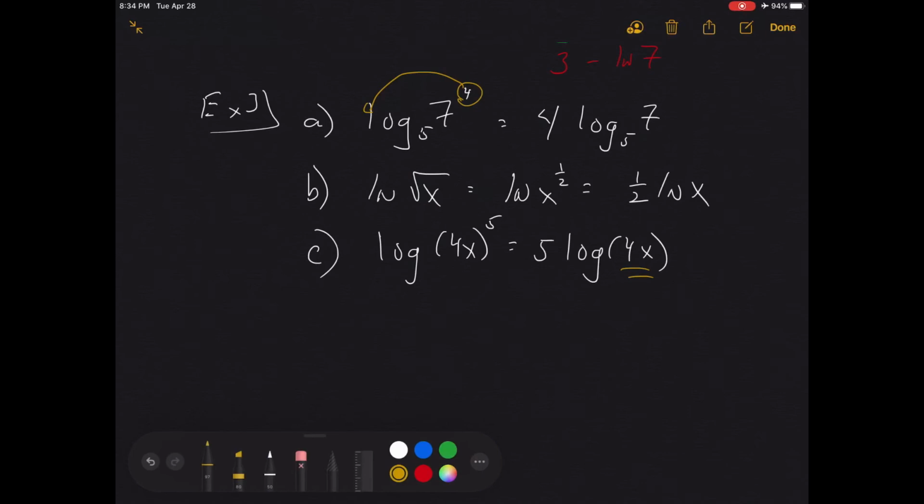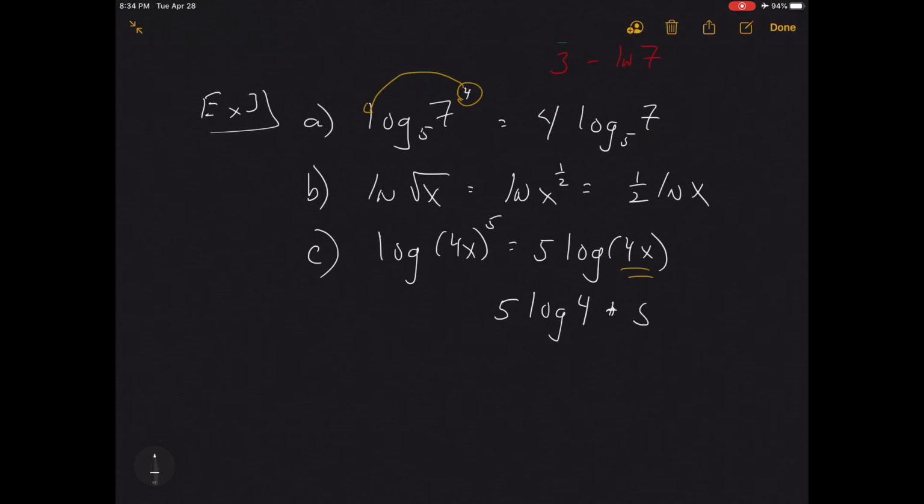So when I rewrite this, I'm going to have the 5 log of 4 plus, because it's a multiplication on the inside, 5 log of x. Okay, and that 4x on the inside told me I was going to have two separate logs. The biggest thing was that 5 out in the front here was getting multiplied by the entire log, so it gets multiplied by both of the pieces.